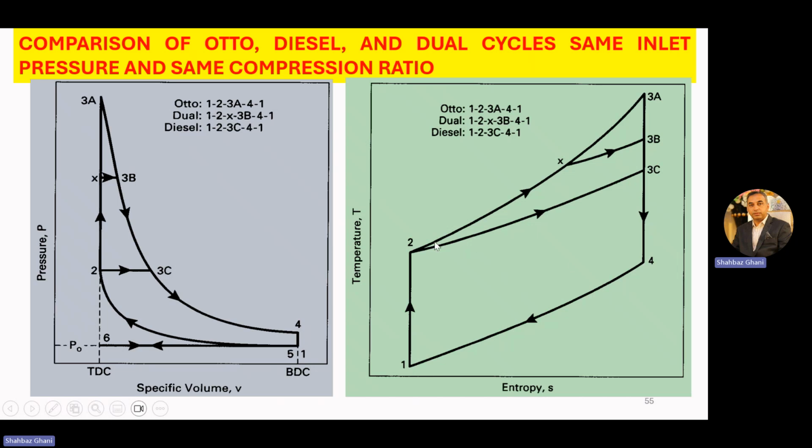In diesel, from point 2 to 3C, we have constant pressure heat addition. So remember this TS diagram and the areas under these points: 1, 2, 3A and 4; 1, 2, X, 3B and 4; and 1, 2, 3C and 4.